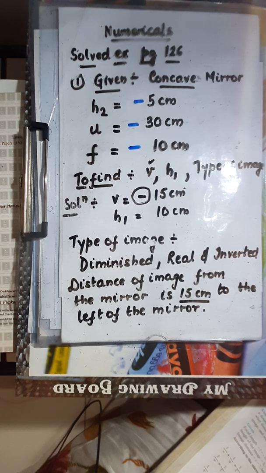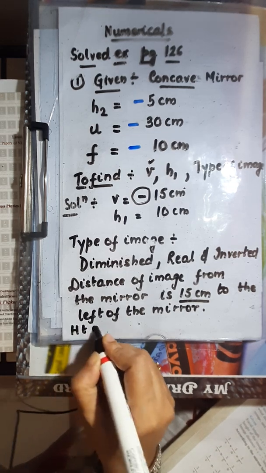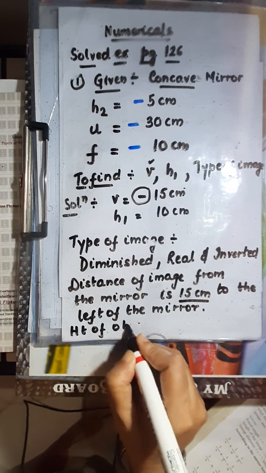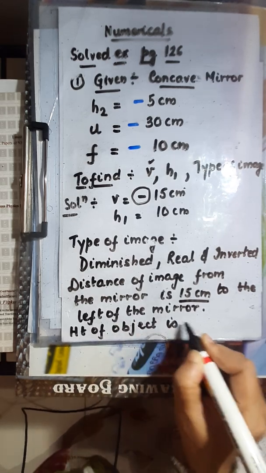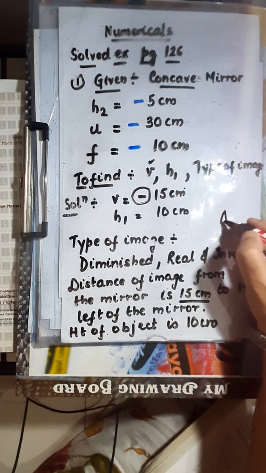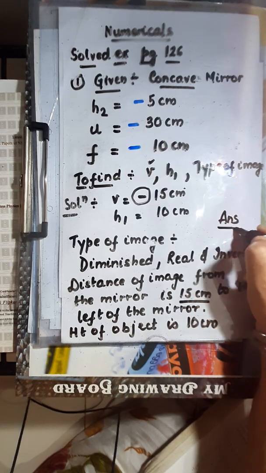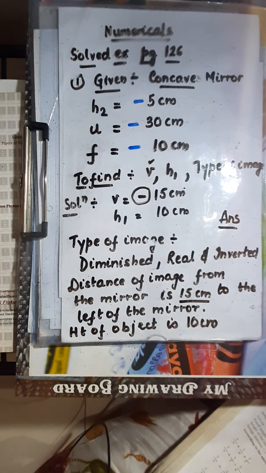Now, height of object is 10 centimeter. This is my answer. Answer statement is very important. Sign convention is very important. Is that clear? Okay, now let us see the next sum.